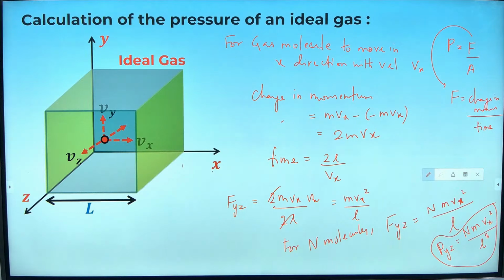Yes, 1 by 3 nm v rms square, sir. Okay. You just see whether the same answer is coming or not.